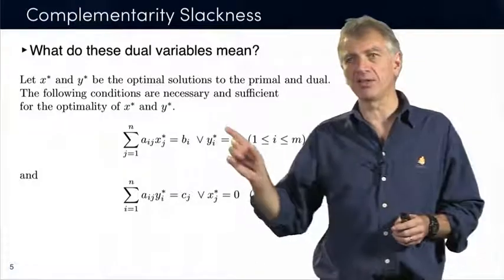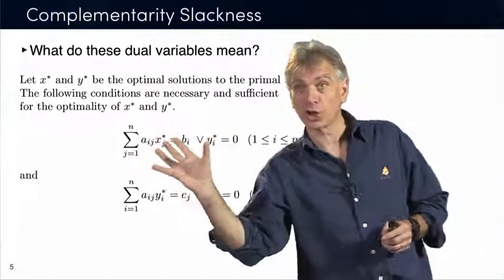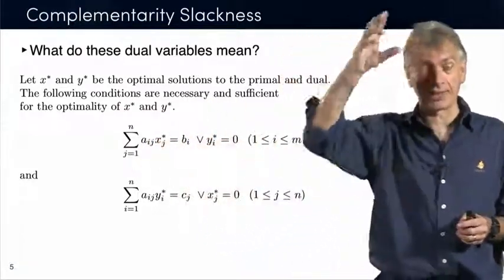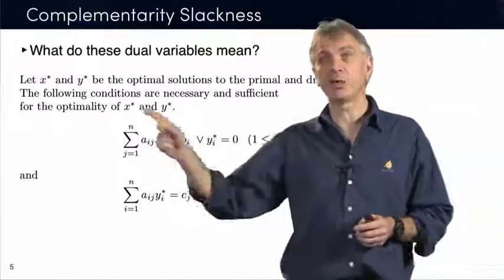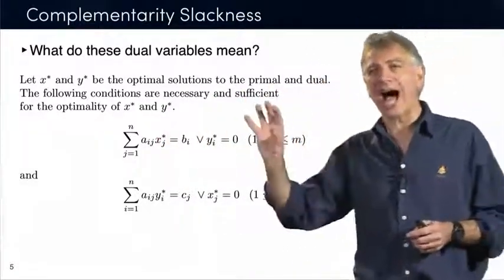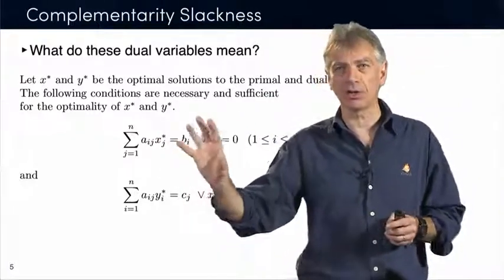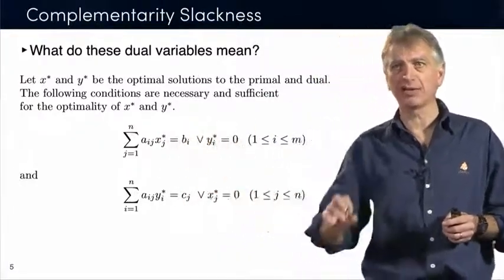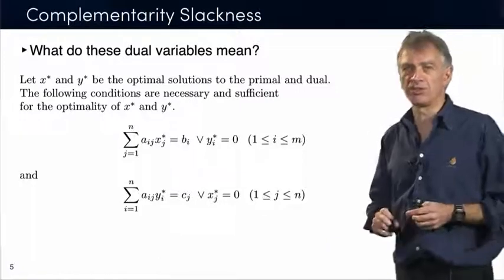But essentially what it means is that if you look at the constraints of the primal, this is a constraint of the primal. It's an inequality, right? And if this inequality of the optimal solution is tight, so it has to be the case that either this inequality at optimality has to be tight, or the dual variable has to be 0.